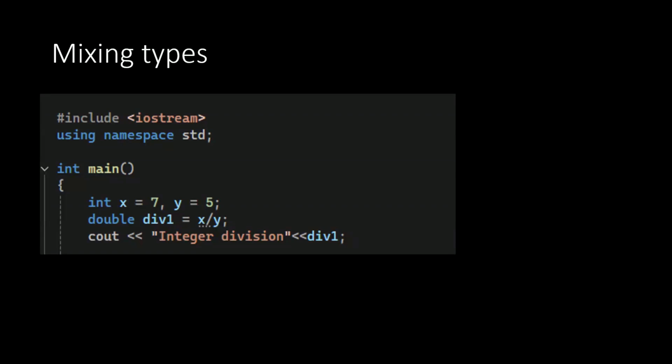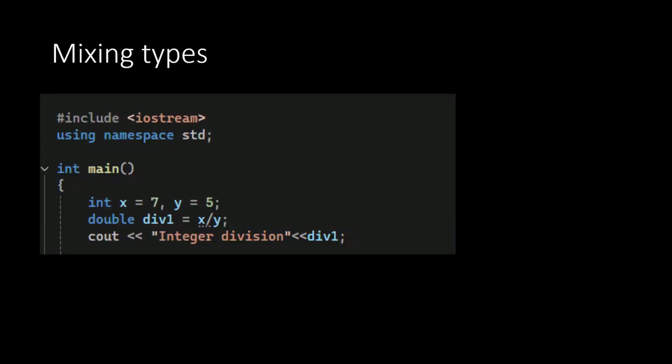Whenever you are dividing an integer by an integer, that result will also be an integer because that division will be considered as an integer division. Even if you store the result back into a double type variable, this division itself will be considered as an integer division and you will get an integer as your result. So here my div1 will be 1, not 1.4.